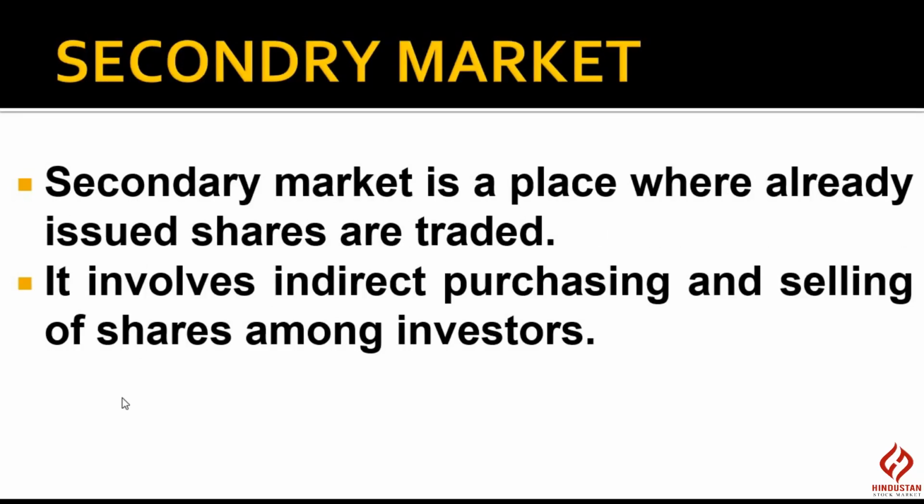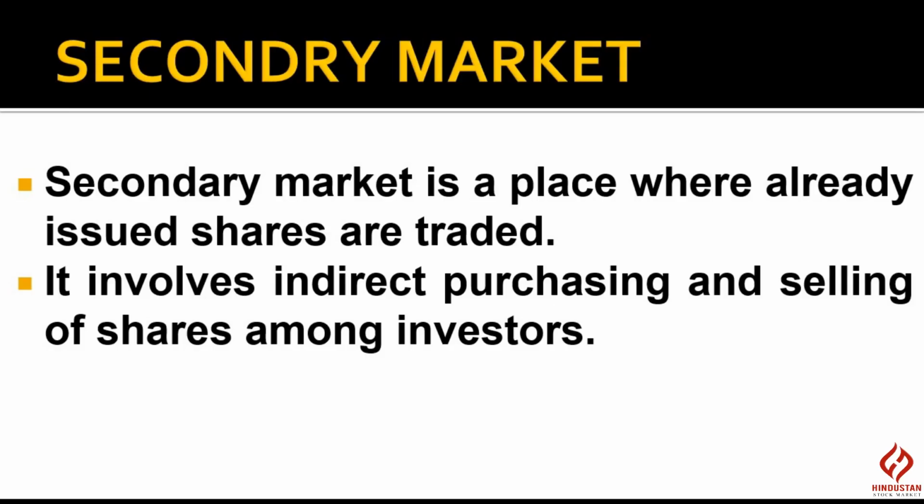The next term is secondary market. It is a place where already issued shares are traded. The secondary market involves the buying and selling of shares among investors. So here the company has nothing to do with the secondary market. If a company has sold shares, then the investors who have bought them can sell and buy shares among themselves, and the money they get from selling their shares is credited to the investors' accounts.